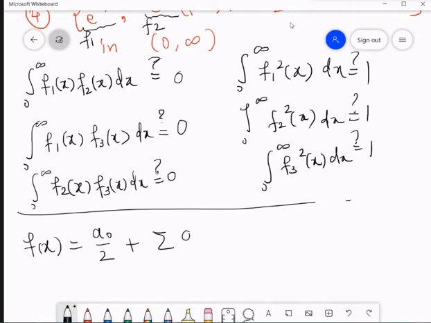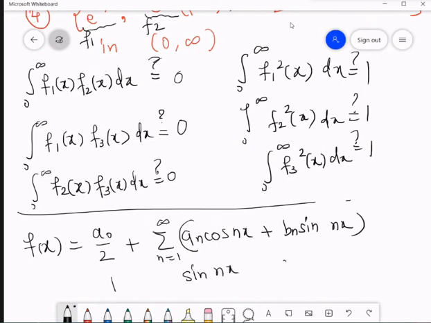With an I have cos of nx, with bn I have sine of nx, with n equal to 1 to infinity. So actually see this part over here: I have 1, sin nx and cos nx.